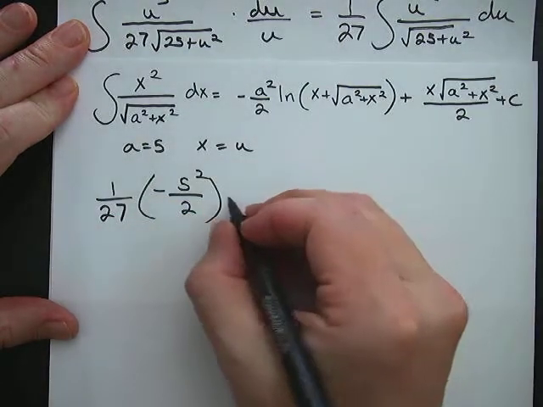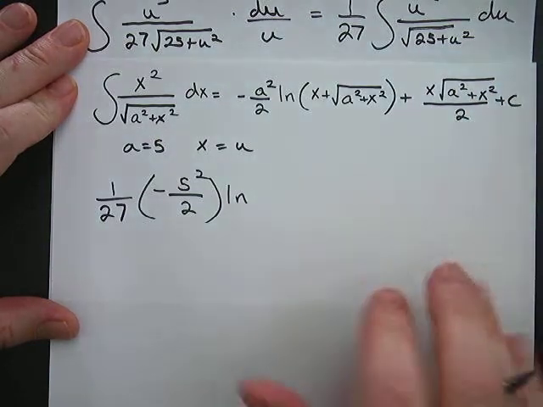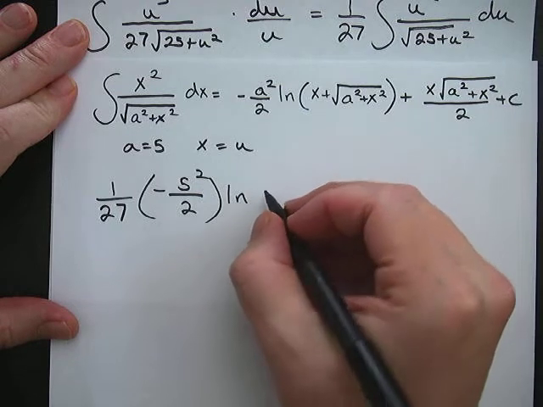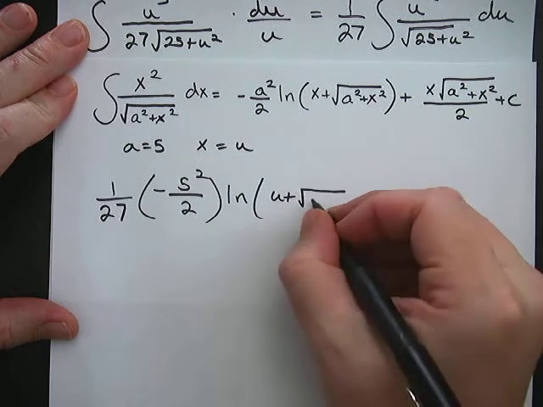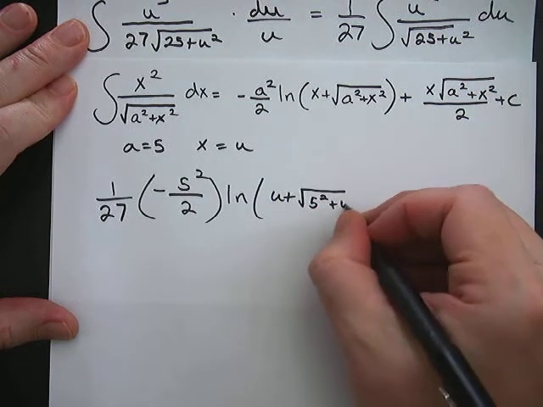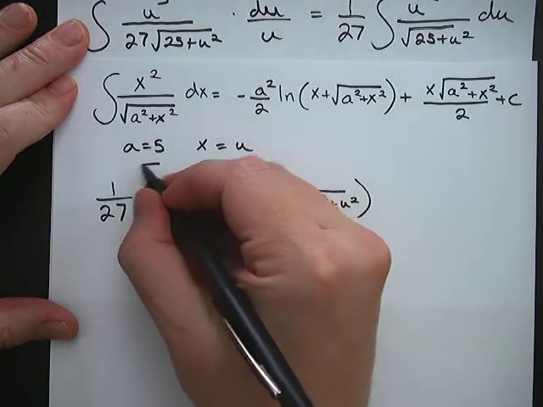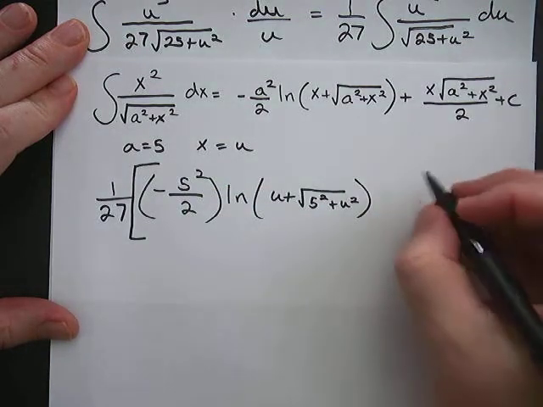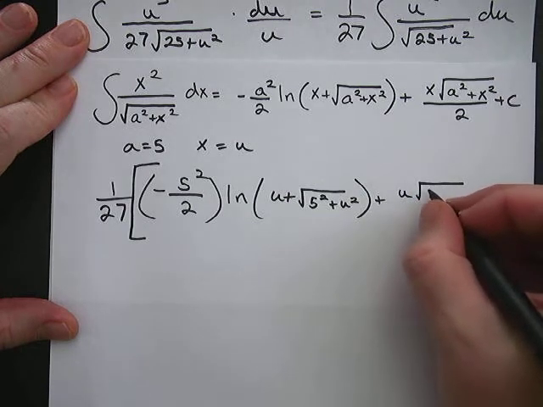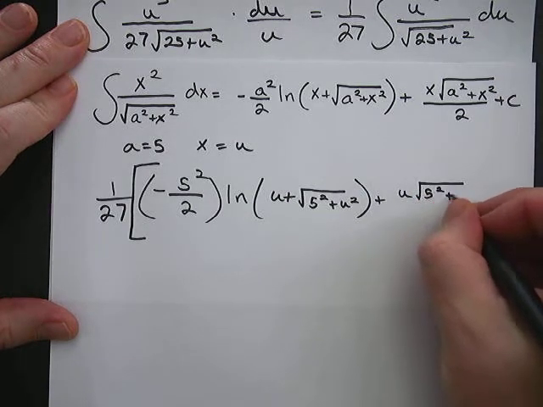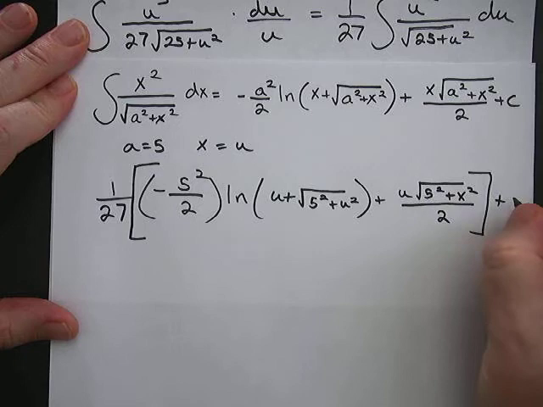Then ln of, and everywhere I see x, I'm putting a u, and everywhere I see a, I'm putting a 5. So ln of u plus the square root of 5 squared plus u squared. Close your ln. And let's put a big parentheses because there's more than one term here. So plus, here's the second part of what we have to write: u square root of 5 squared plus x squared all over 2, and then plus c.